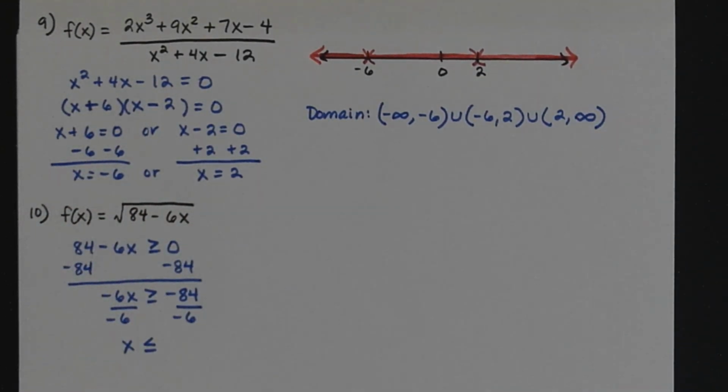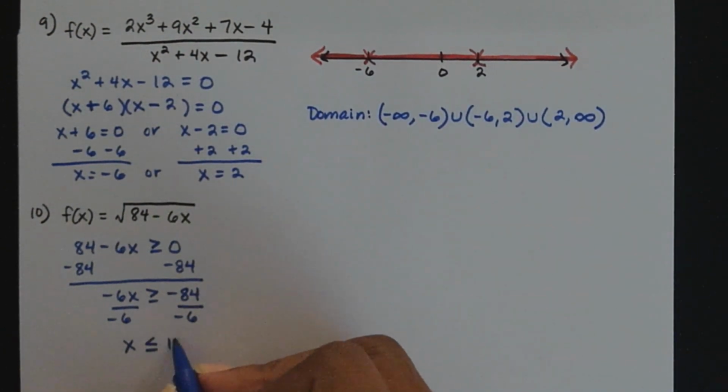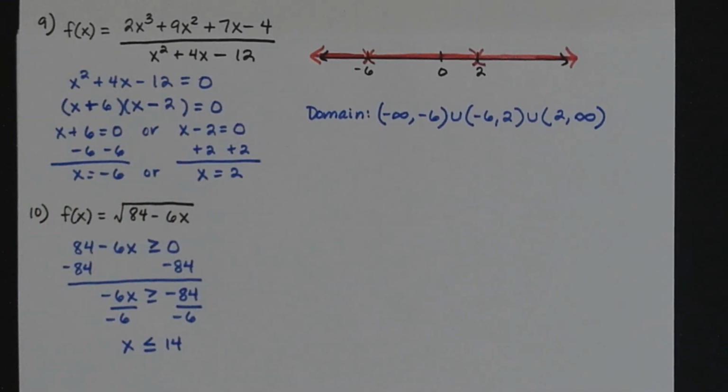It switches to less than or equal to. And then negative 84 divided by 6 will be 14. So any x value less than or equal to 14 will satisfy this square root function.